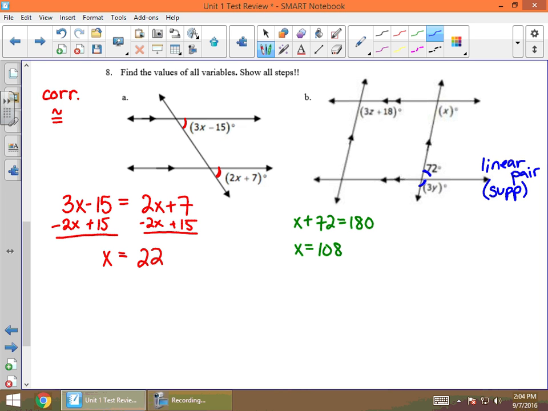So I will go 3y plus 72, set it equal to 180. Subtract 72 on both sides. So 3y is 108. And that means y is divided by 3, 36. Y will be 36.